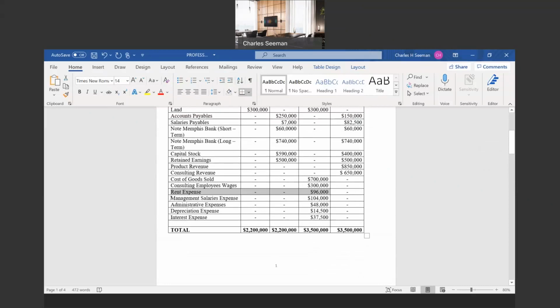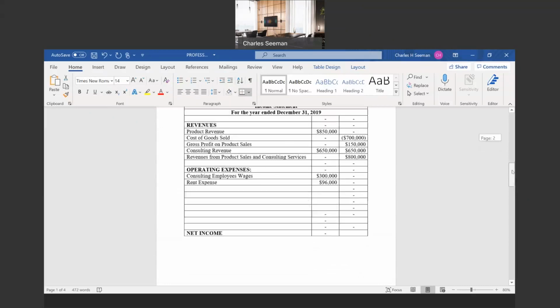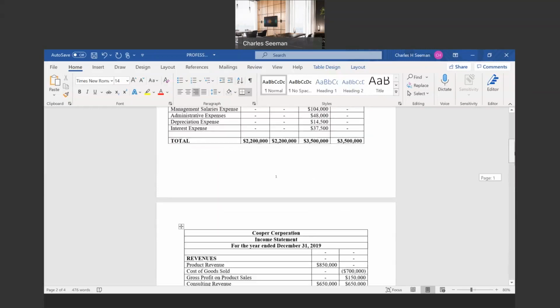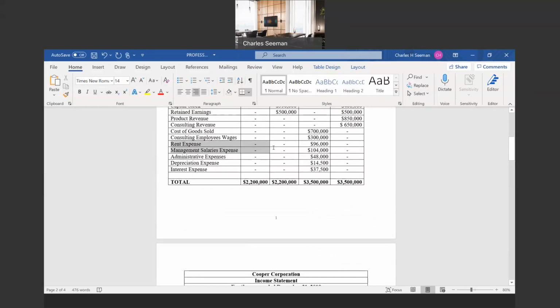Then I go to the next item, management salaries expense. Then I go to the next item, administrative expenses.